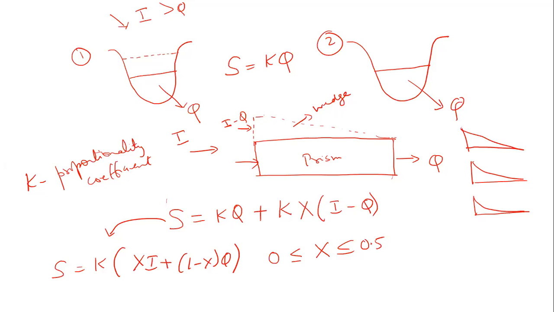If x is 0.5, then that is the limiting case where the flood has reached the upstream end of the channel reach, and the downstream end has not yet felt the presence of the flood. So, what would happen if x was greater than 0.5?